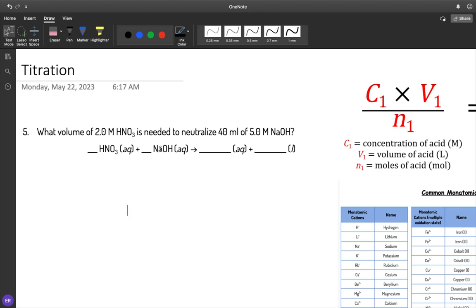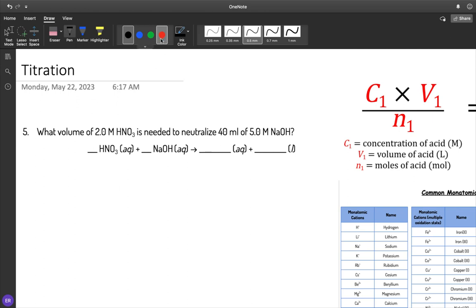So because we have been talking about acids and bases, we should be able to see that this H is in front of NO3. So that's most likely going to be our acid, where H is going to become an H plus when we put it into water. And NaOH, well, that OH is going to increase the amount of OH if we put it into water, creating the base.